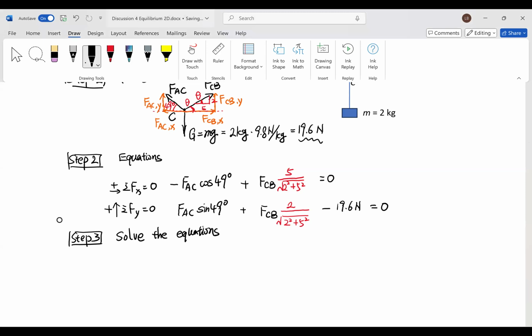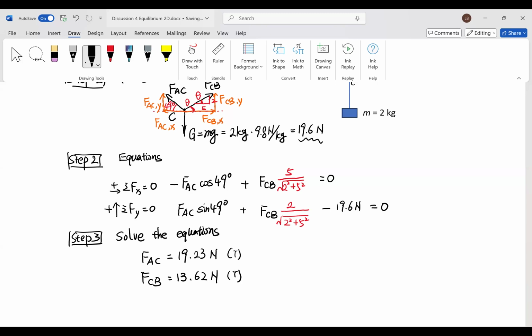what we have is FAC equals 19.67, and FCB equals 13.62. That is the answer, and both are tension.